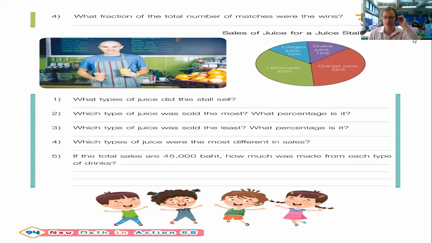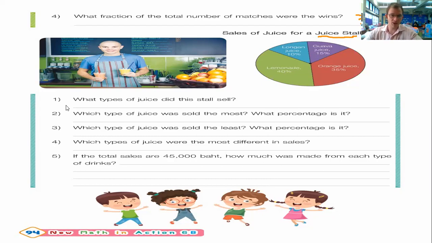This is a nice example as well, because you can find a lot of small stalls in Thailand that sell juice or some kind of tea or some cool drink. Some sell different types of things. So this is a good example of how we use pie charts in a practical environment around us.